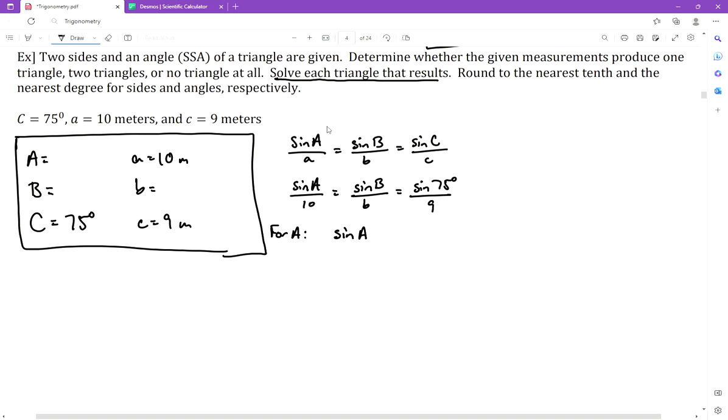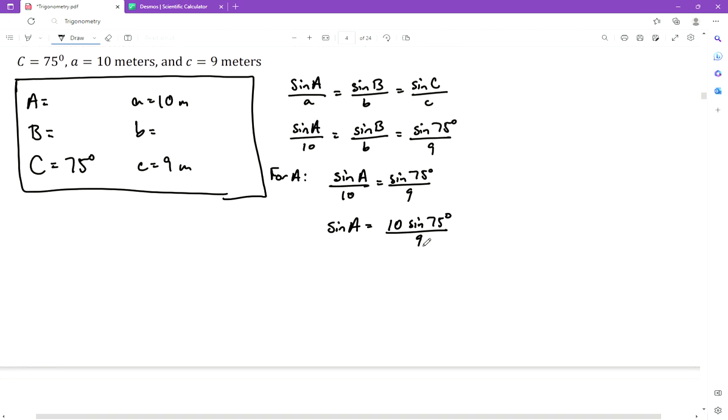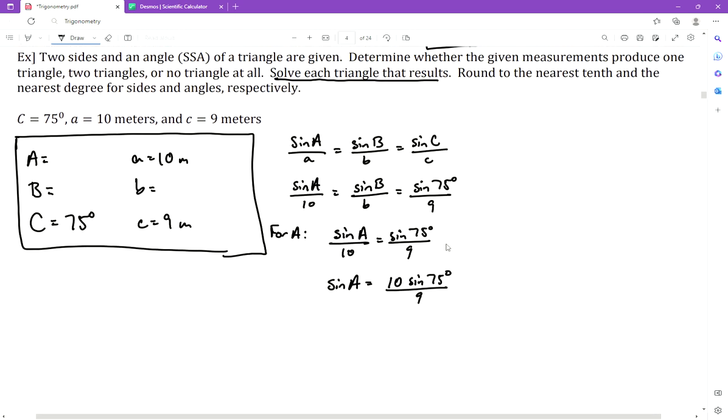So we'll do sine of A over 10 is equal to sine of 75 degrees over 9. And then we just need to multiply the 10 over. So we have sine of A equals 10 sine of 75 degrees over 9. Let's get a calculator going. Chances are we need calculators on these problems.